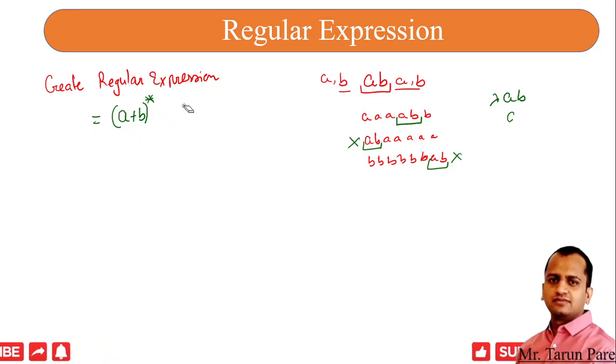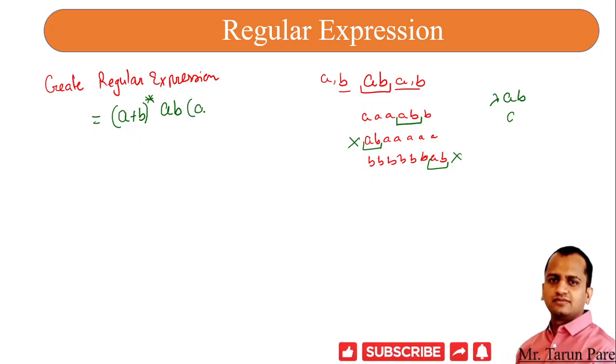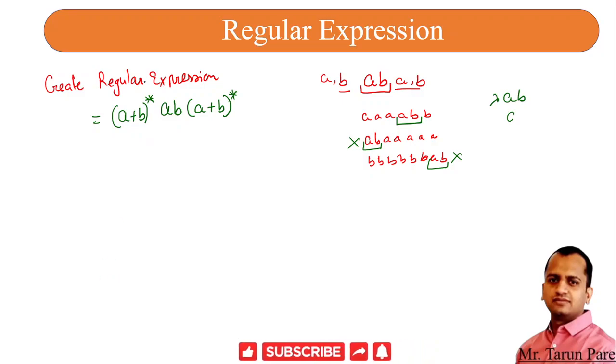So we will write it in the form of ab. Then after that we want any combination of a and b including null, so it will be like (a plus b) star. Okay, this is the regular expression in which there is one ab.